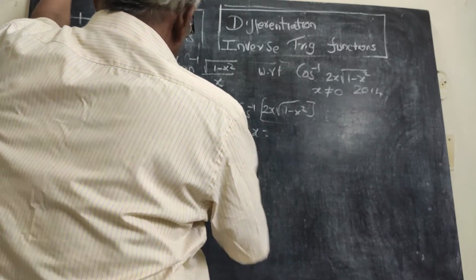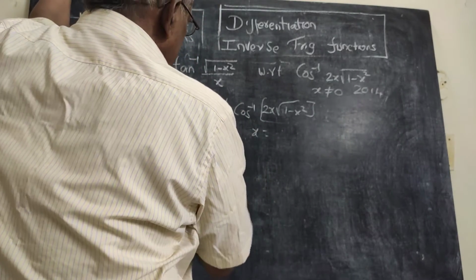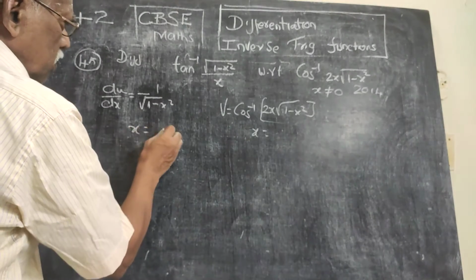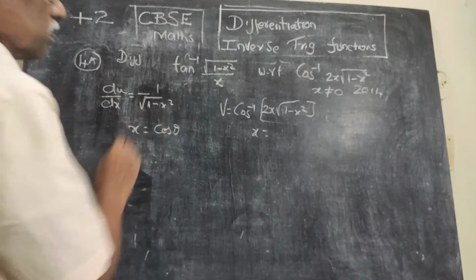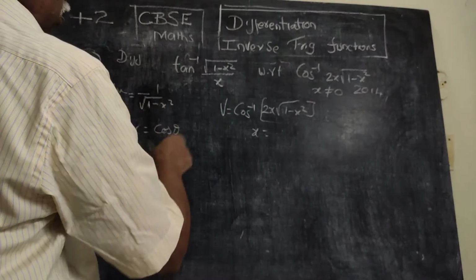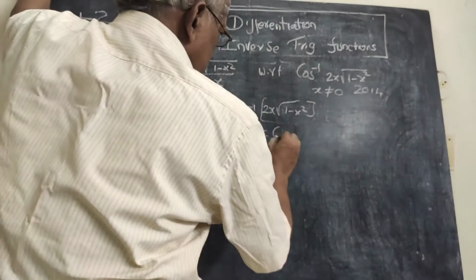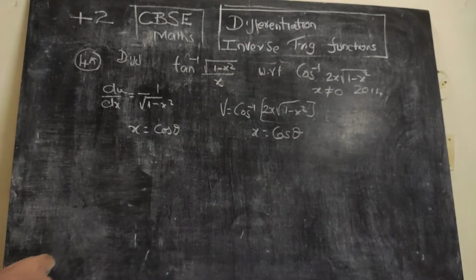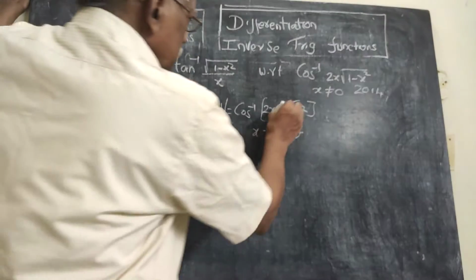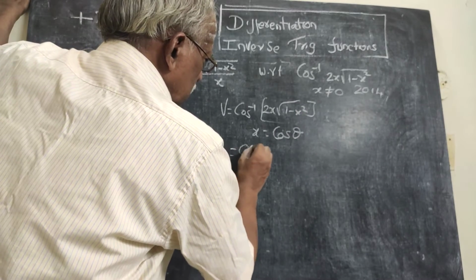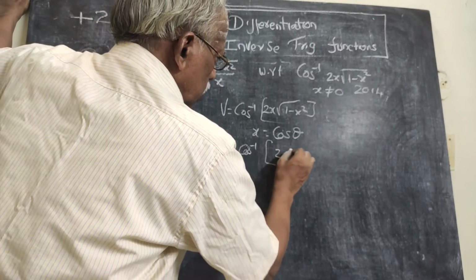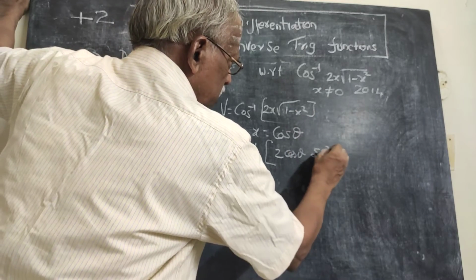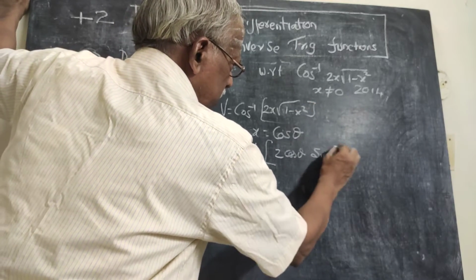If you put x equal to, what we had done there, x equal to cos theta. For this one what we had done, x equal to cos theta. So here also you should take the same thing, x equal to cos theta. So what happens here? Cos inverse of 2 cos theta, and this becomes 1 minus cos square theta, square root of that, so cos theta sin theta.